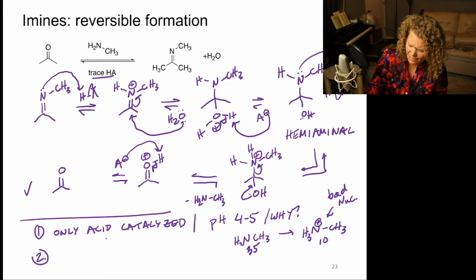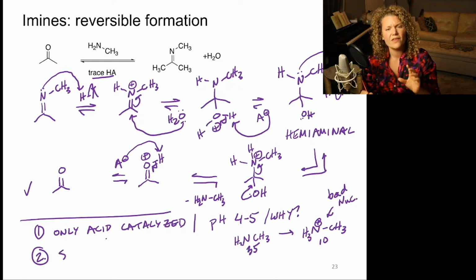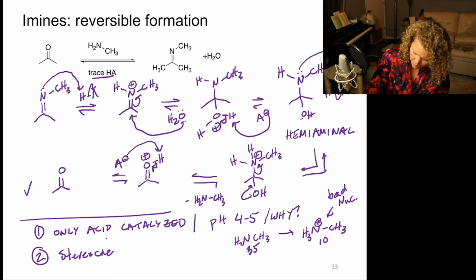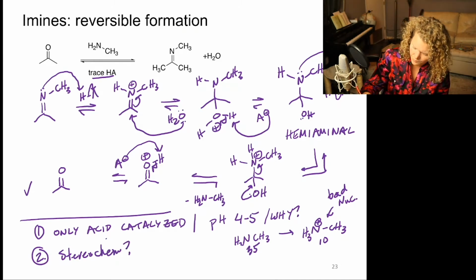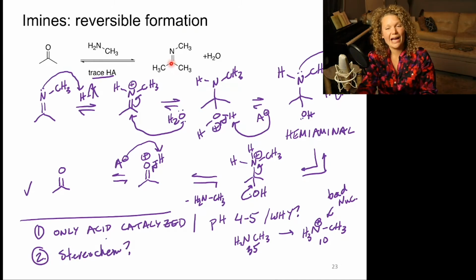And the second thing with these imine formations is that there is some stereochemistry involved here. What happens if we don't have a symmetrical ketone? Here we've got two methyls, and so the nitrogen has this methyl on this side, but that would be the same product as if we had it on the other side.